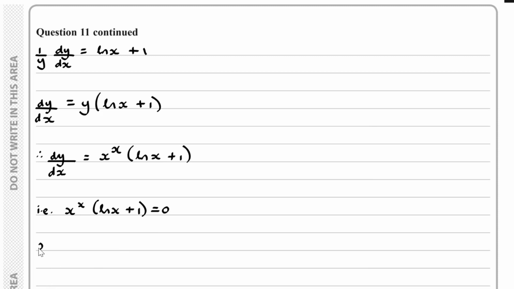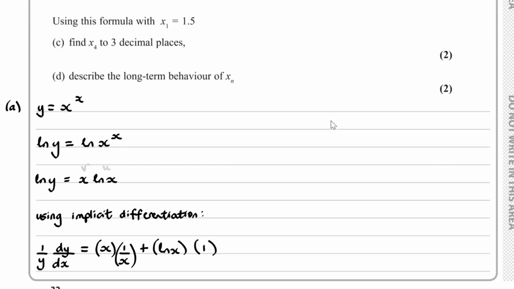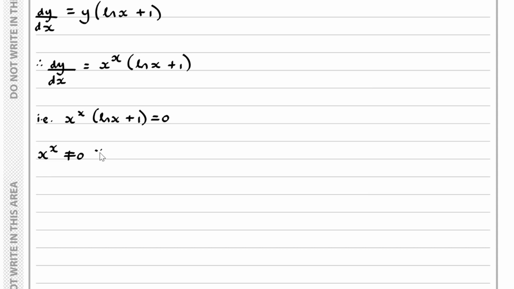Now, x to the power of x cannot equal 0, because remember over here, x is greater than 0. And therefore, we can say that we have the natural log of x plus 1 equals 0. So, solving this equation, we have the natural log of x equals minus 1.